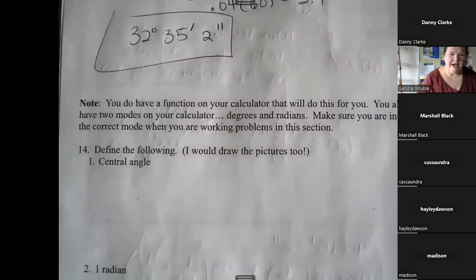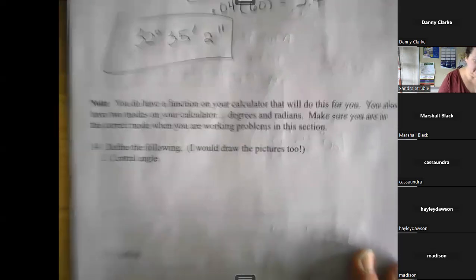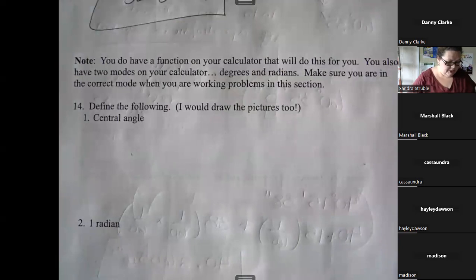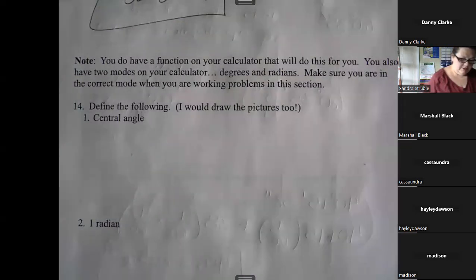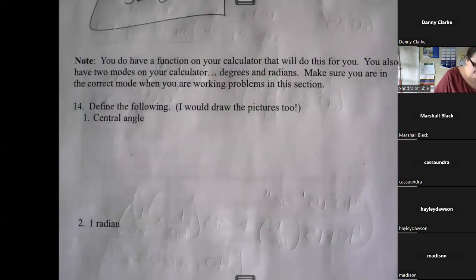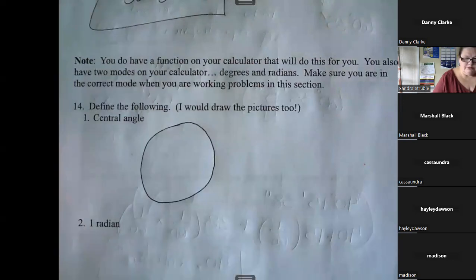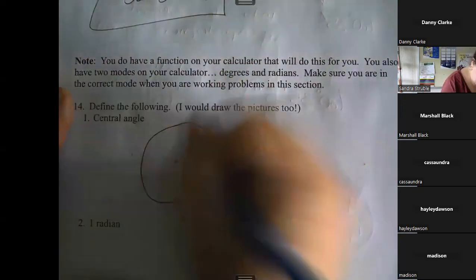All right, define the following. Central angle. A central angle is just one that's formed at the center of the circle. Okay, let's do a circle. I want to show you. So here's a circle, don't judge, I'm not an art person. Here's my center.